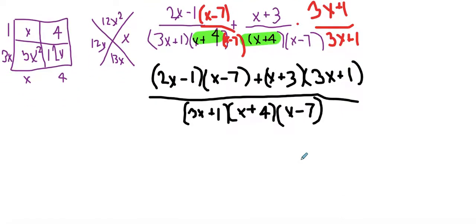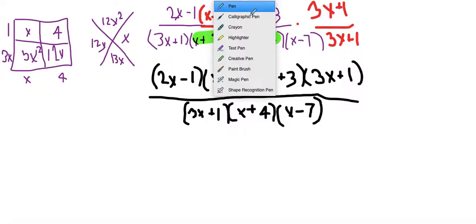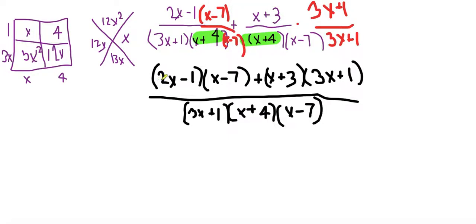Okay, so it still looks pretty complex and messy. What we want to do is clean up this top. And right now, because I am adding still, this cannot be reduced at this point.